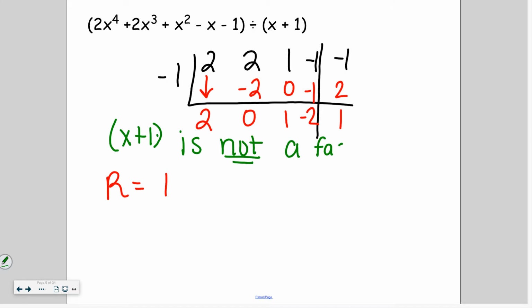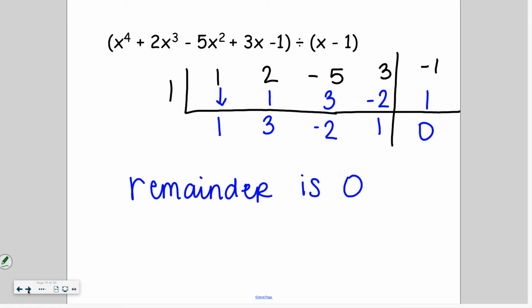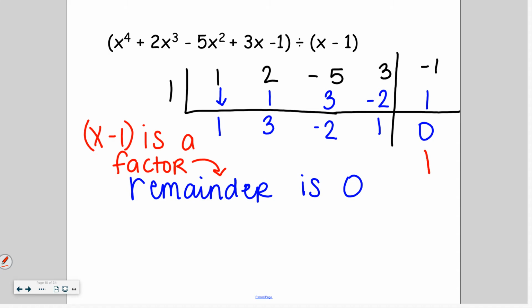And again, the reason being the remainder is 1. All right, the next one we have x minus 1 is a factor. And it is a factor because our remainder is 0. So anytime you get 0 right here, that is going to be a factor always. Okay?